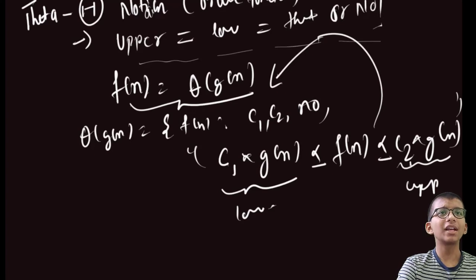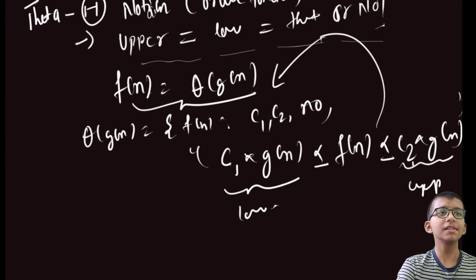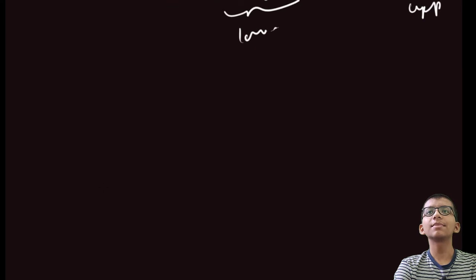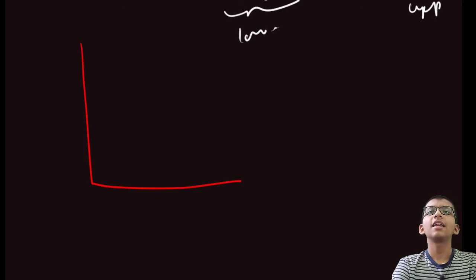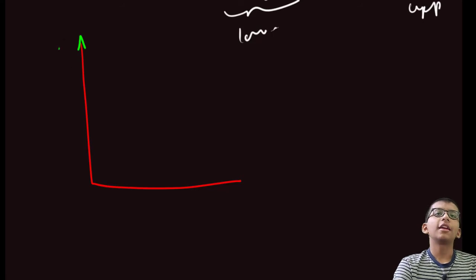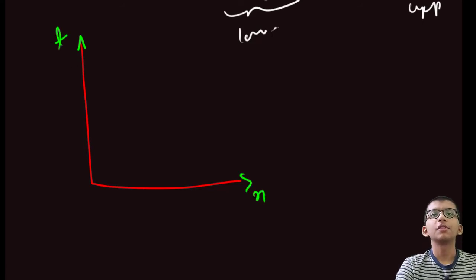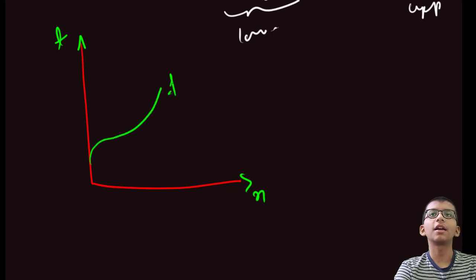So let's see how we can represent it on a graph. Let's make a simple x and y. Let's say here we have time, and here we have the number of inputs. Let's draw f of n. Now let's draw c1. c1 is the lower bound, so this would be something like this.